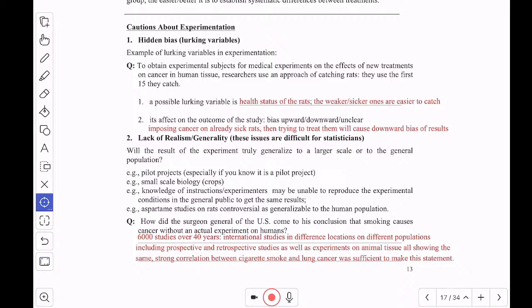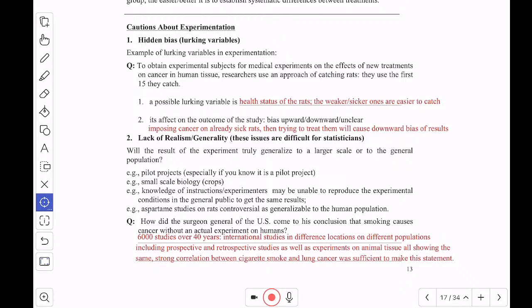They might be sicker. And the problem with that is that if you're studying the effect of cancer and you plan to impose cancer-causing agents on them, they might not survive. And so it will bias downward your results, making it look like the treatments that you try to use to make them survive don't work.